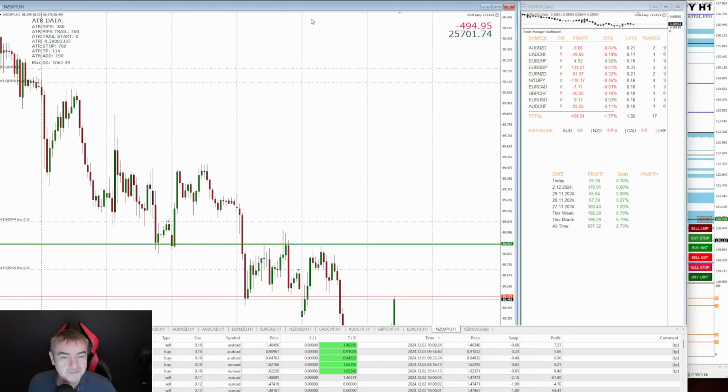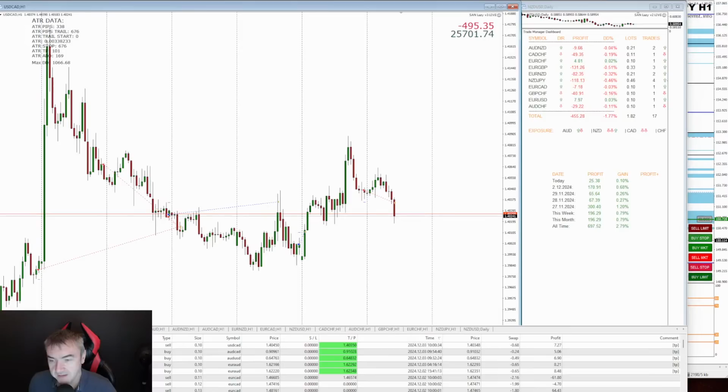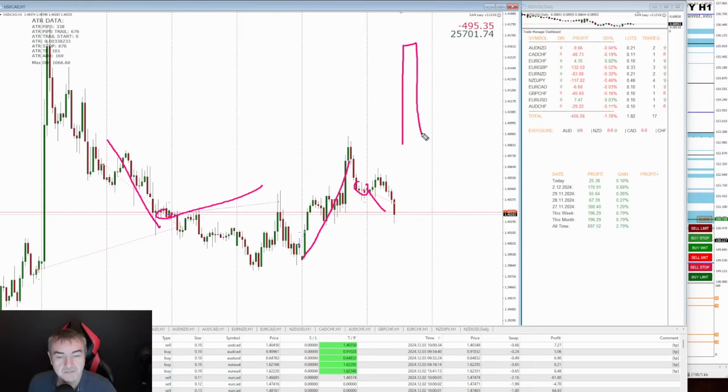So yeah, very, very simple strategy. All it does is, if it's a bull day, we go short. If it's a bear day, we go long. That's it. So literally, if we get a bull candle at end of day at 11 p.m., we short it. If we get a bear candle at 11 o'clock, we long it.